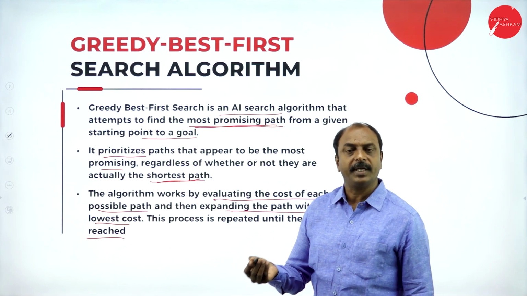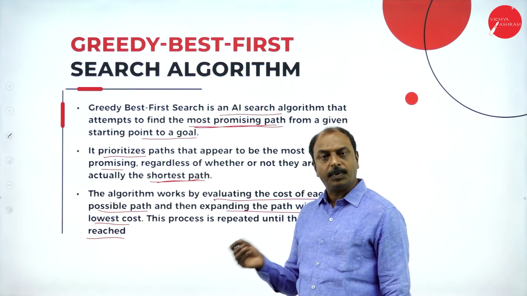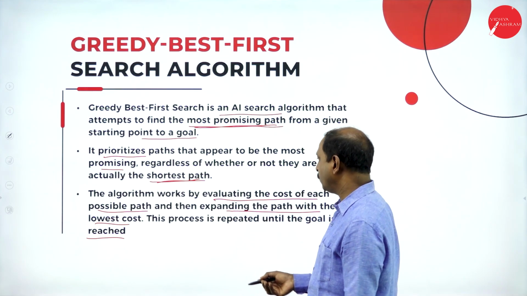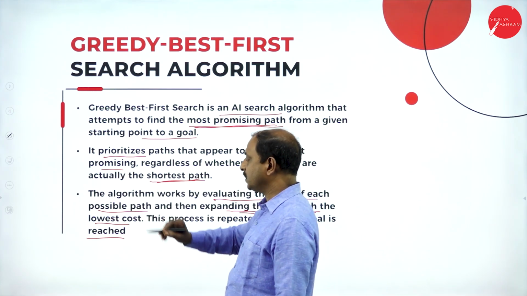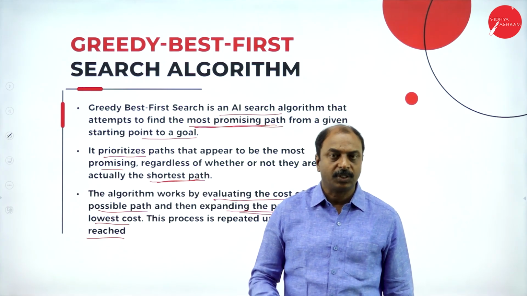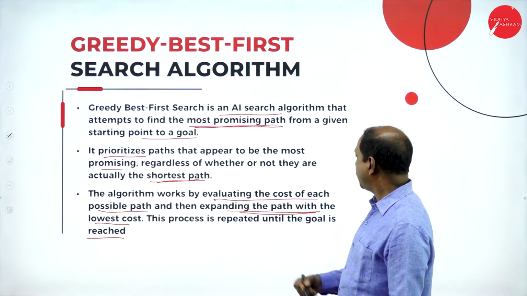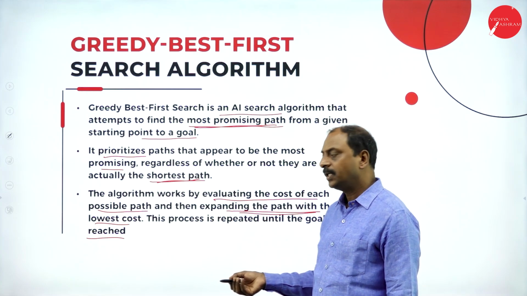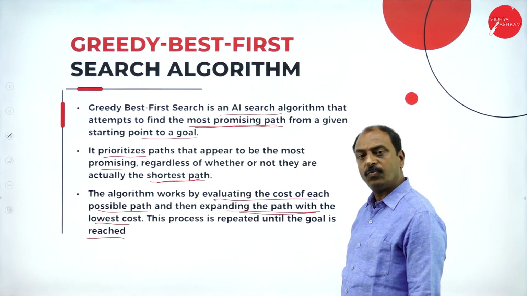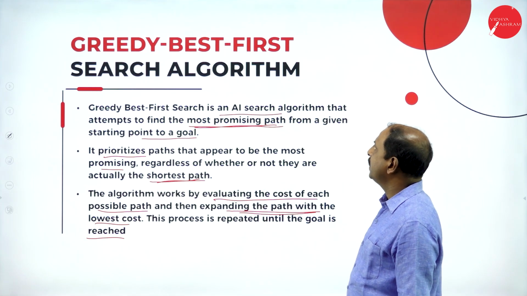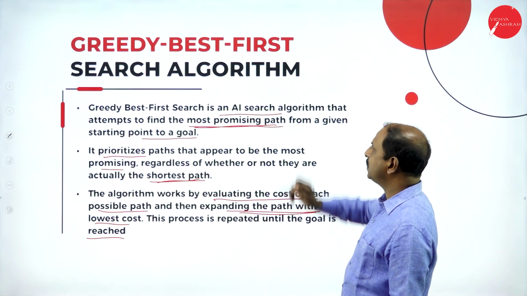It calculates the cost of each path from one node to another node and expands the path with the lowest cost. By considering the lowest cost, it extends the path towards reaching the goal. So this is the definition of the greedy best first search algorithm.